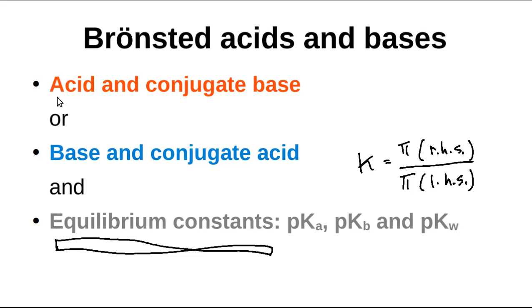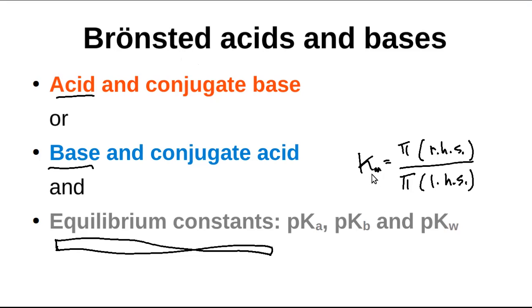If we speak about an acid, then it's easy to put a small subscript A for acid, or if we speak about a base, then we sometimes put a B, or if it's neither acid nor base, it could be without any subscript, or if it deals with water, then a subscript indicating that.